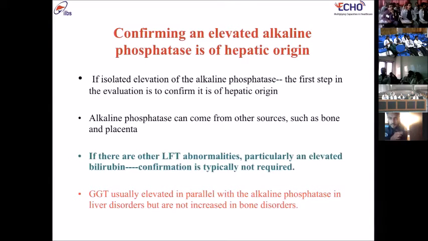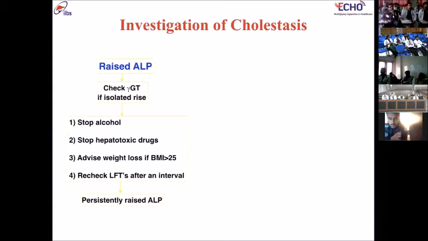And as I've already said, non-specific elevation can also be seen in bony disorders, can be secreted from the intestine, or can be seen in pregnant females, as isolated elevation of the alkaline phosphatase. So basically, to investigate cholestasis in a patient presenting with a raised alkaline phosphatase level, you need to check the gamma glutamyl transferase.